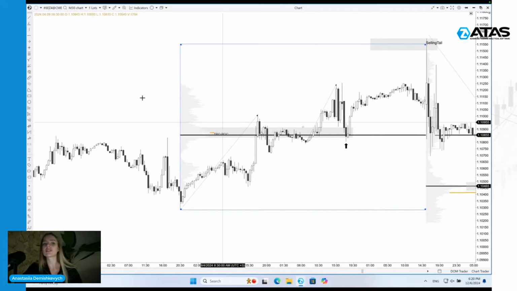It is the highest volume node. This is also the high volume node. This is also the high volume node. Point of control is the highest volume node. So yes, you can also determine high volume node by the point of control, but not only. High volume node can be also the one that does not contain the point of control in it.